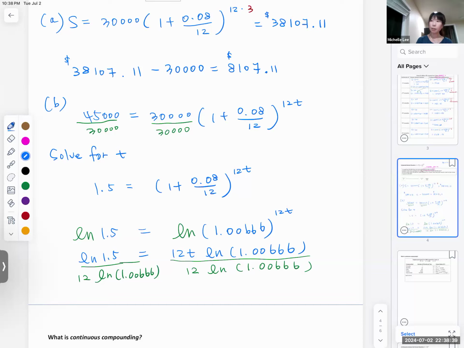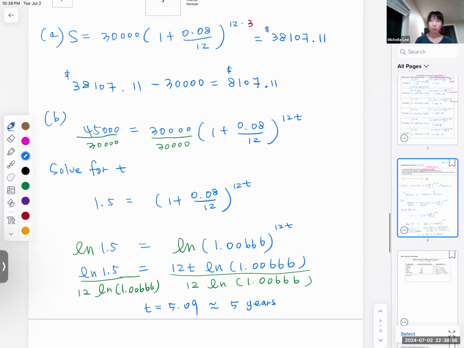Okay, then t will be 5.09, which is about 5 years. Okay, let's move on.